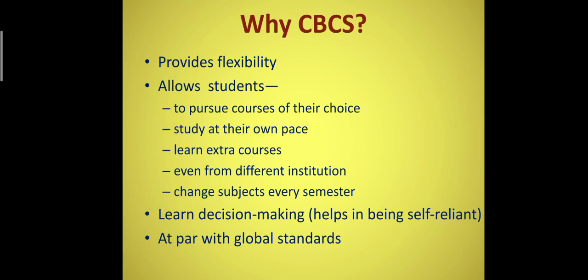You have to collect 24 credits. How you collect it depends on the learners. The university will say that you have to collect 24 credits; how you collect is up to you. You may choose 2 courses of 10 credits and one course of 4 credits.